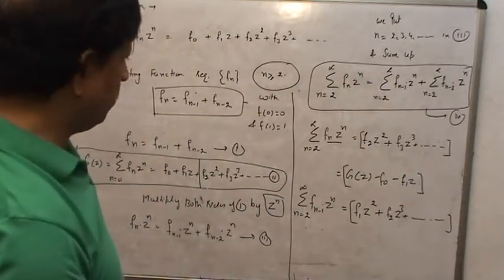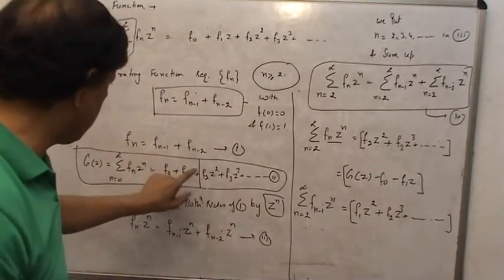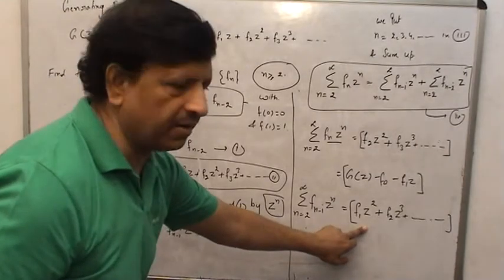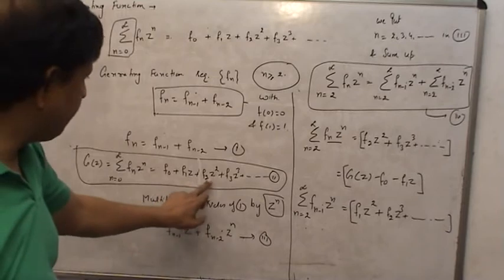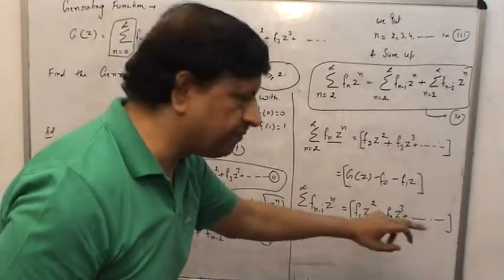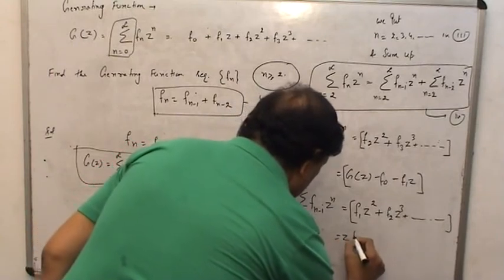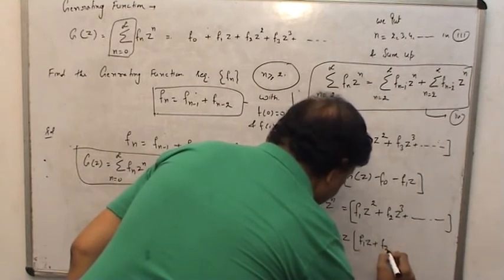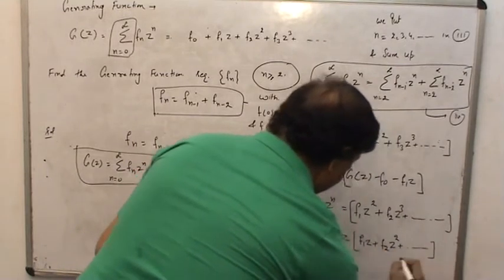Then again we compare the right hand side with the right hand side of the generating function. Here f1 z square, but it contains f1 z. f2 z square, it contains f2 z cube. So we can take z as the common: f1 z plus f2 z square plus so on.